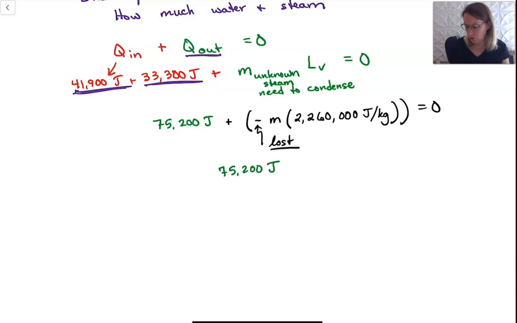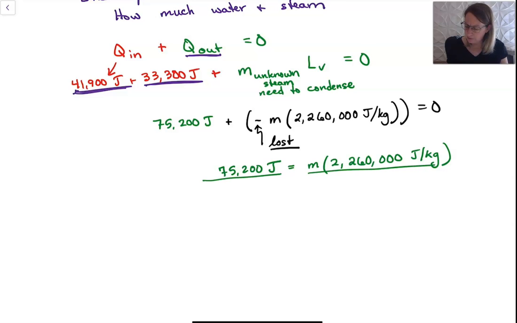And when we solve this, we have 75,200 joules is equal to m times 2,260,000 joules per kilogram. And so now we divide both sides by this 2,260,000 joules per kilogram, and this is a good way to check that everything works because your units will work. Joules per kilogram, so the joules are going to cancel out.